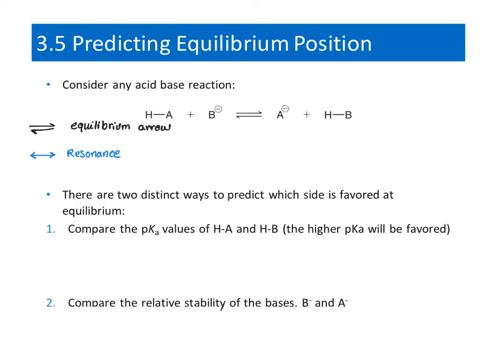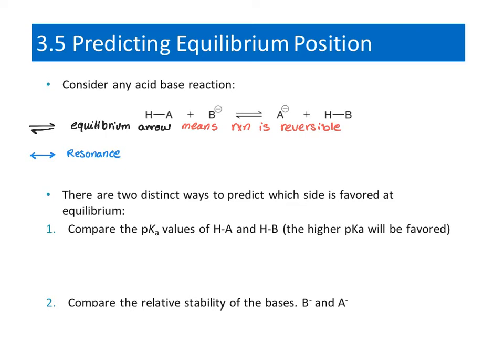Or we can say it means the reaction is reversible. Now sometimes the equilibrium prefers one side of the reaction, so it can be the product side or the reactant side.